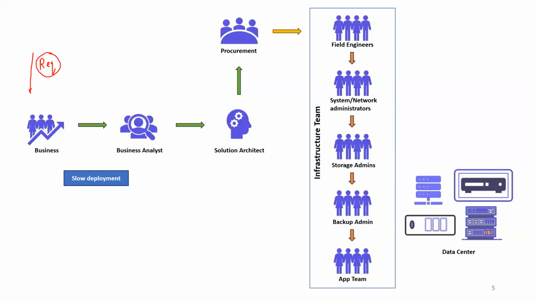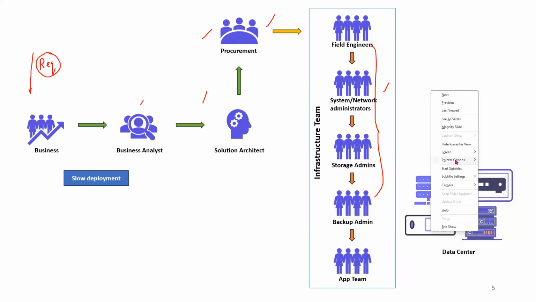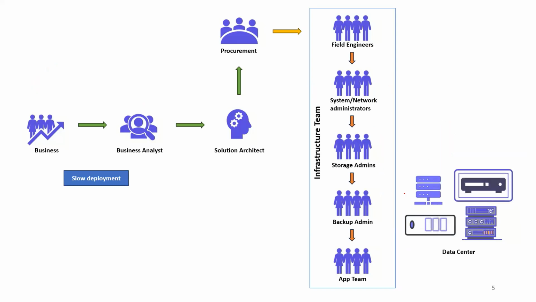This entire setup is common, but these things are not common all the time, so this takes a lot of time. That is the reason it is called a slow deployment working model. The traditional working model is a slow deployment model.